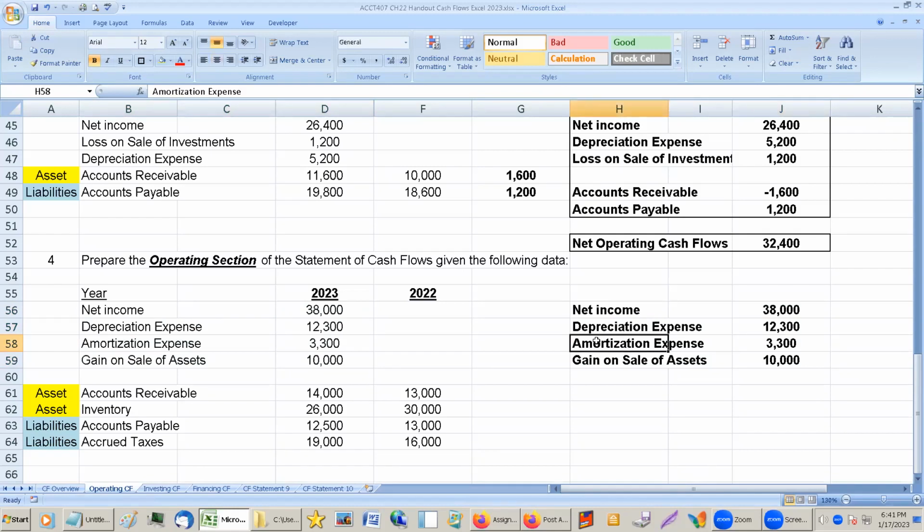Amortization expense is what happens to intangible assets. It's very similar to depreciation. Well, mostly intangible stuff. Gain is subtracted because it's going to go on a different section. It's going to go on the investing section.